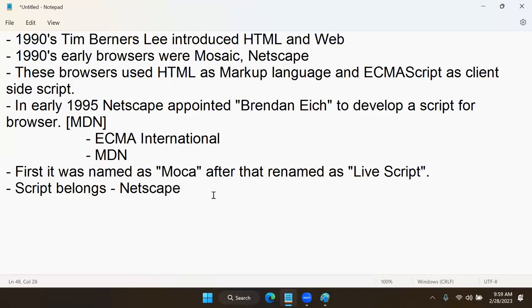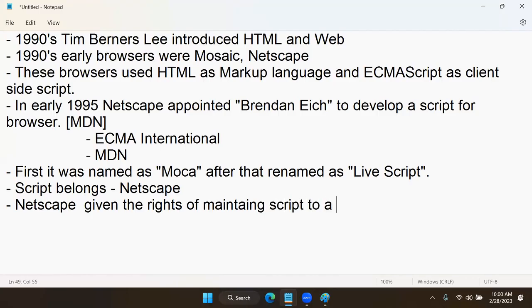But Netscape is not a professional company that can maintain a language. That's the reason Netscape gave the rights of maintaining the script to a company called Sun Microsystems.